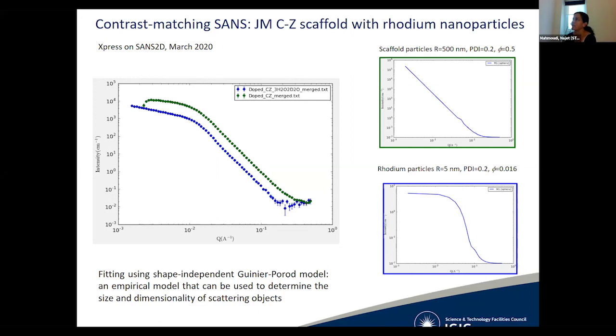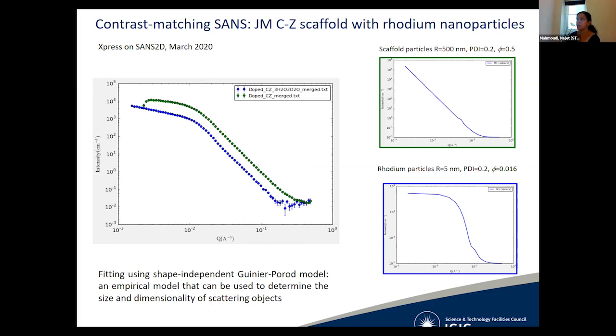So basically, we couldn't get any information out of this contrast matching experiment. This illustrates the difficulty of running a contrast matching experiment. Usually contrast variation is a much easier way of getting information out of your multi-component system.